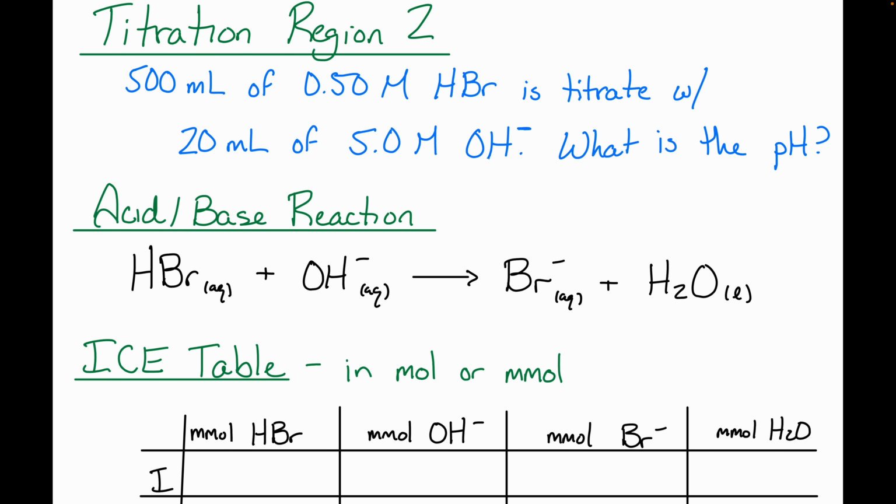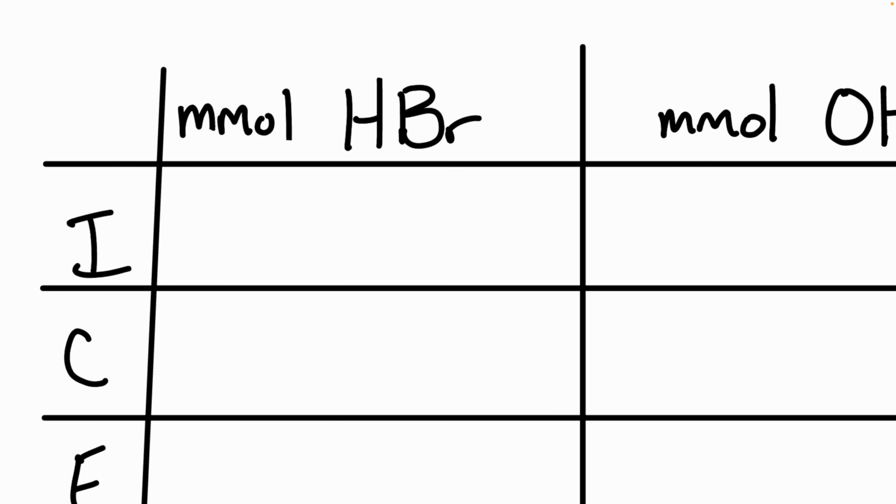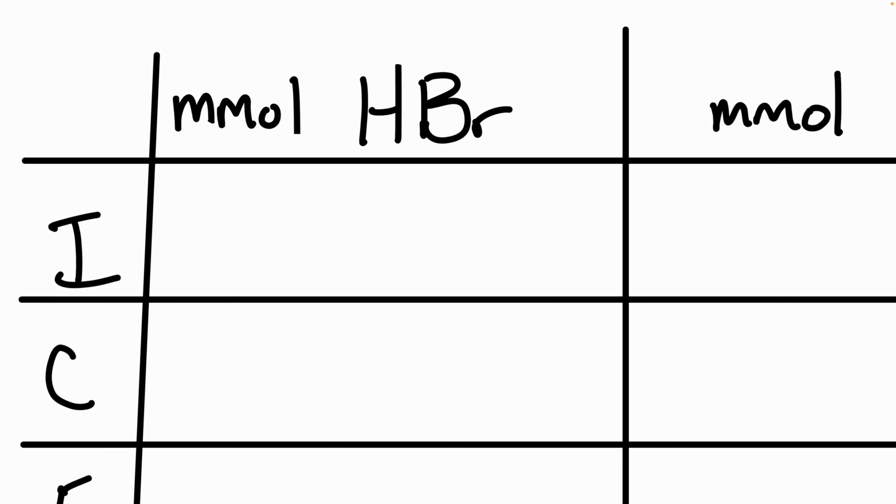I'm going to need to use my volume, my 500 milliliters of my HBr, and my concentration in order to convert to millimoles. All right, so my calculation here, I'm going to take my 500 milliliters and I'm going to multiply it by that concentration, 0.50 moles per liter.